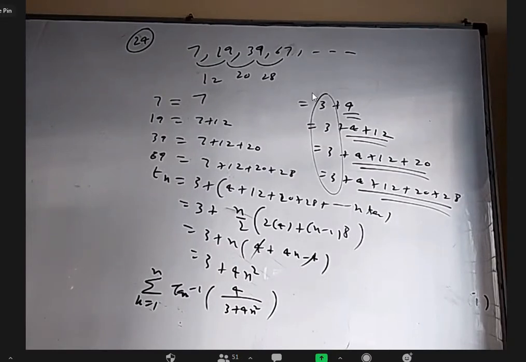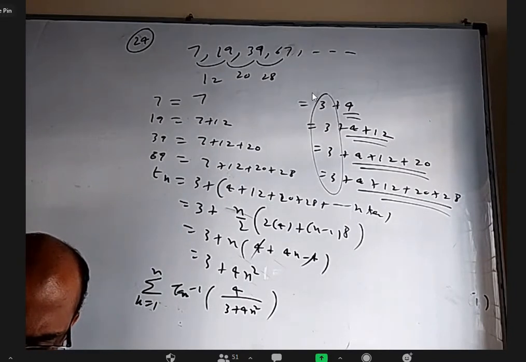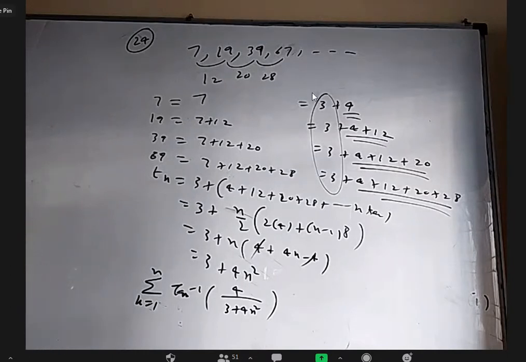The answer is option C here, which is pi by 4 plus cot inverse 3. That is basically pi by 2 minus tan inverse 3 or something. If I put n equal to 4, okay, I need 1.